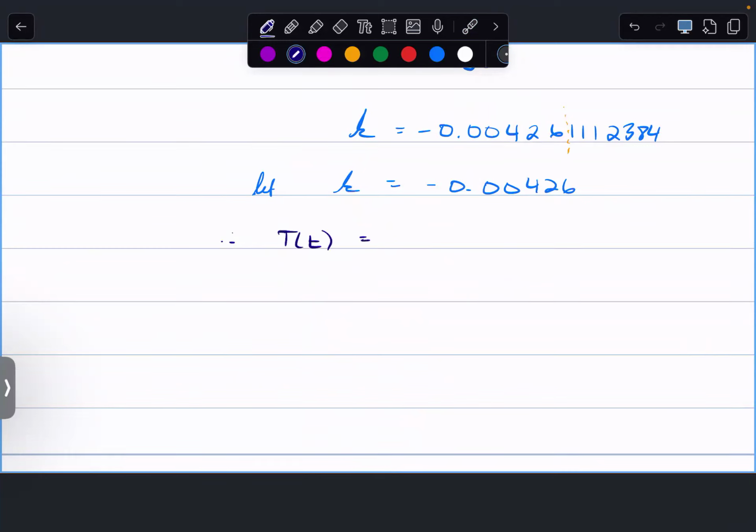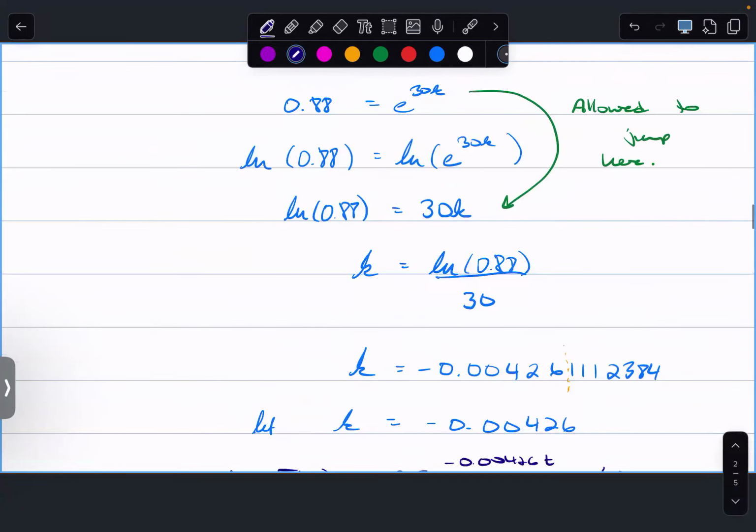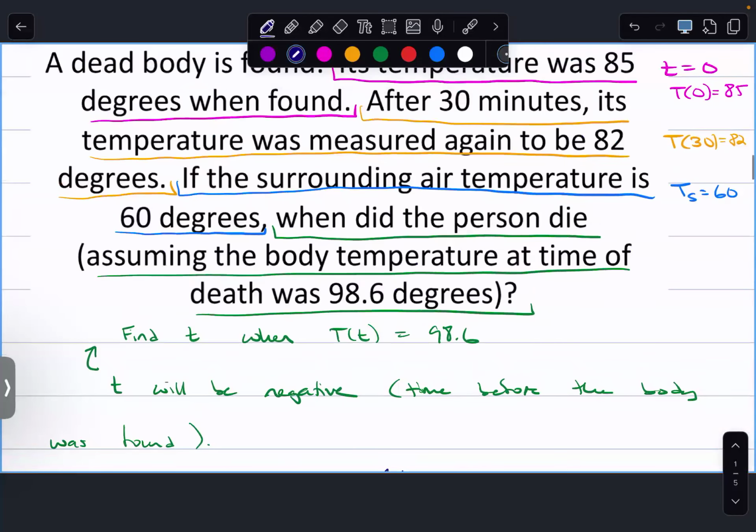Okay. So then T of t is 25 e to the negative 0.00426 t plus 60. So now we have the equation for the temperature, and now we can use it.